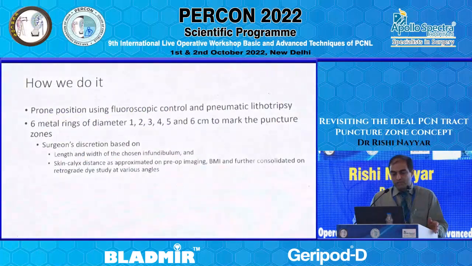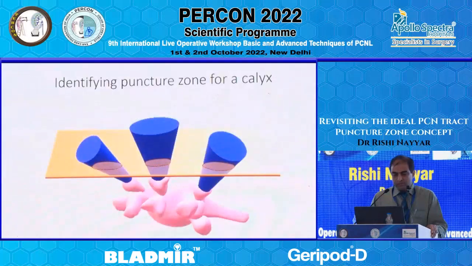So how do we actually do the puncture using this concept? What we do is we actually have 6 rings. We initially started using this concept somewhere in 2014, and we have been using the same concept ever since. So we have 6 rings, each at 1 centimeter, 2 centimeter, 3 centimeter, up to 6 centimeter.